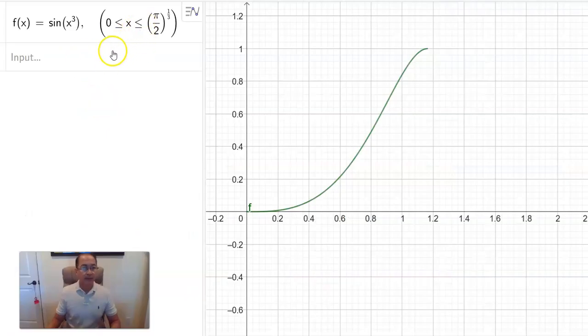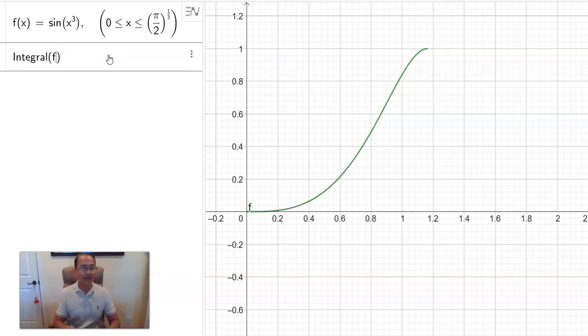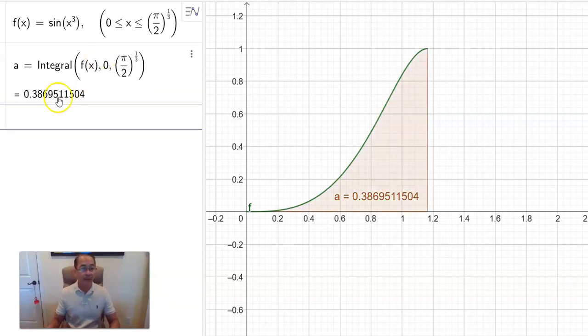All right, so I already graphed our function between 0 and cube root of pi over 2, and we want the integral of f of x between 0 and pi over 2 to the power 1/3. And we get, looks familiar, 0.3869511.